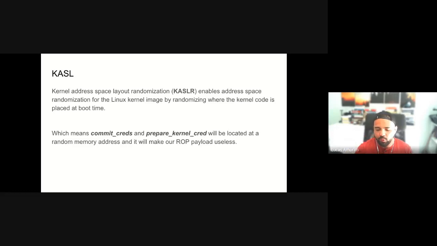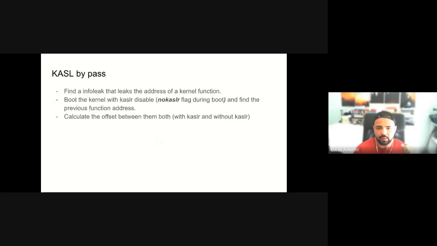So it is important that when you are writing an exploit, you disable KASLR to find the real function address, and then you enable it and see where it goes. And of course, every kernel is different, every machine is different. Every time you reboot your system, the addresses will change, and that will make the exploitation much, much, much harder for you, right?